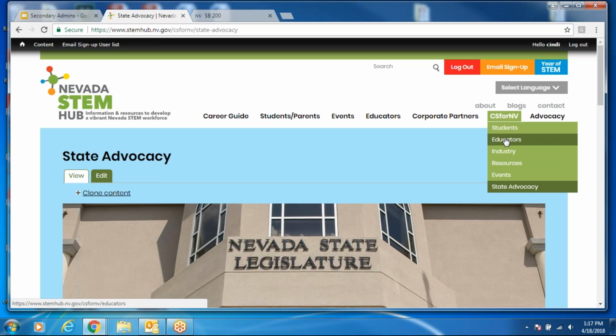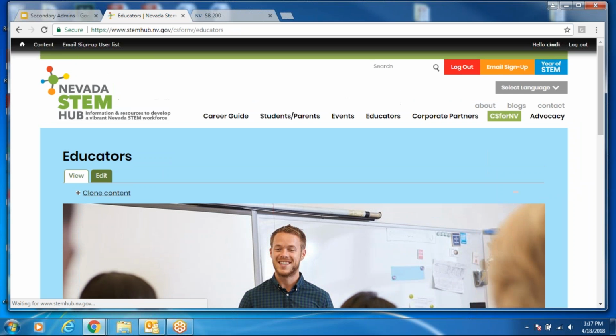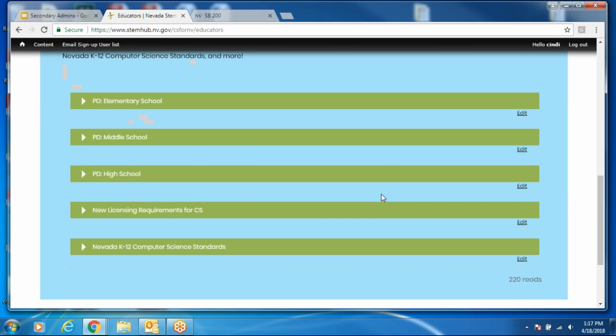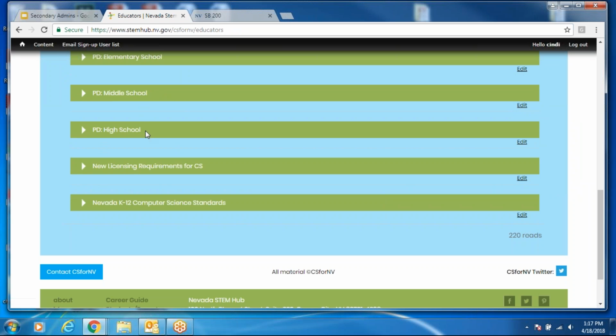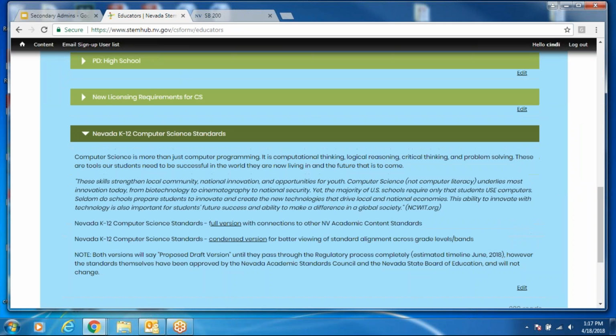So if I go up here to educators, you'll see I've got professional development there for all the different levels, the new licensing requirements, and then the computer science standards I mentioned. There's a link to the full version. And what that full version has is connections to the other Nevada academic content standards.